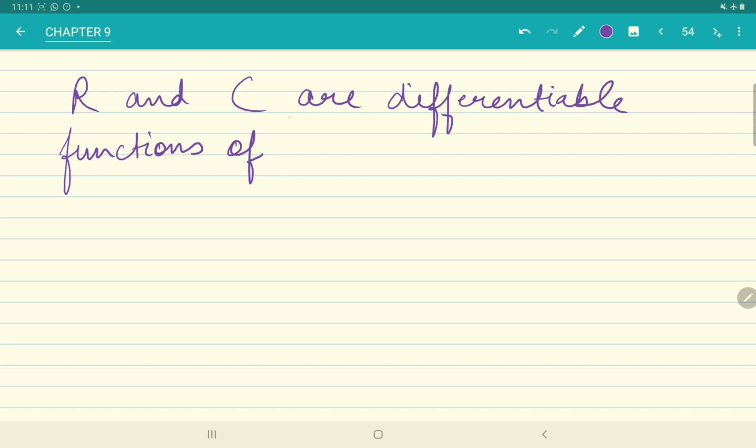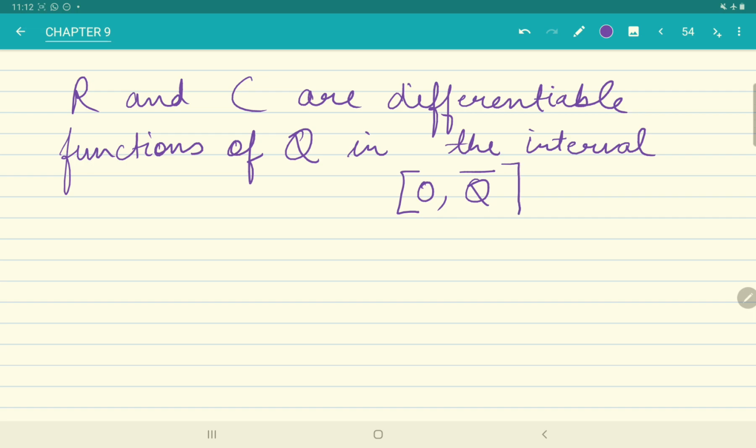They are differentiable functions of Q in this interval.